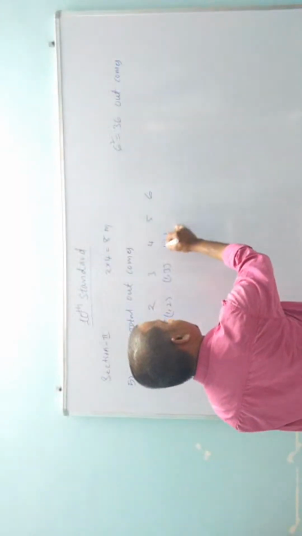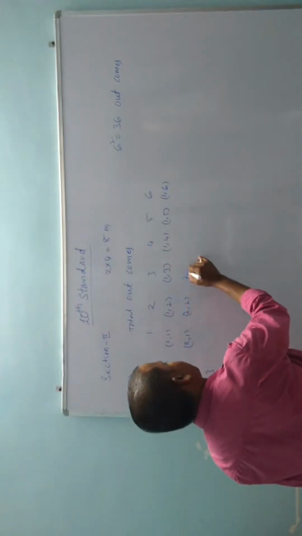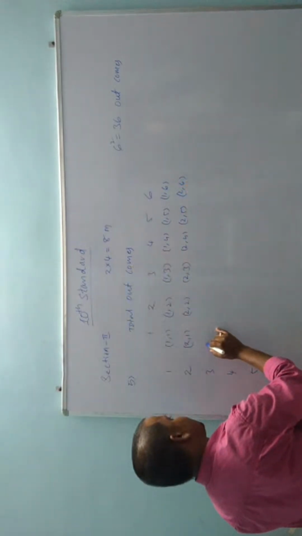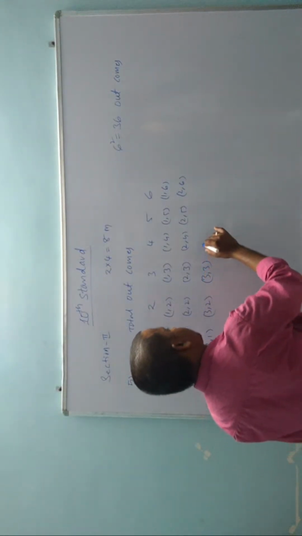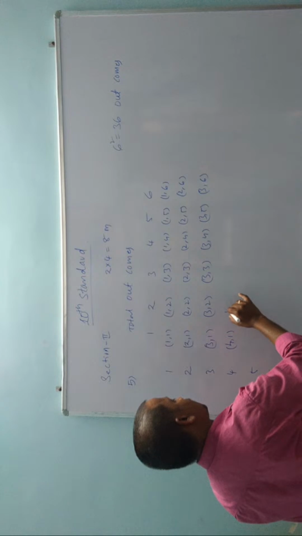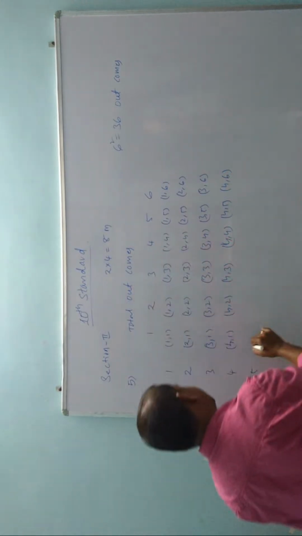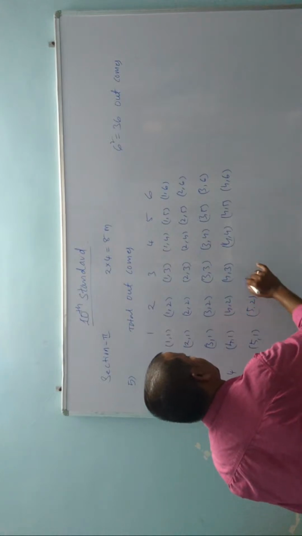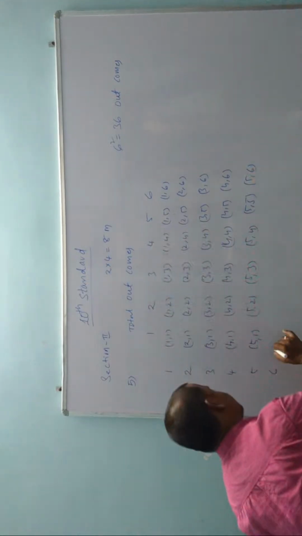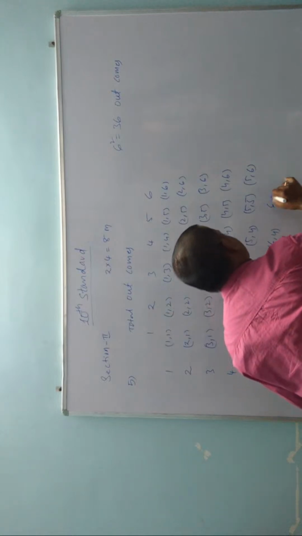Similarly 1,3, 1,4, 1,5, 1,6, 2,1, 2,2, 2,3, 2,4, 2,5, 2,6, 3,1, 3,2, 3,3, 3,4, 3,5, 3,6, 4,1, 4,2, 4,3, 4,4, 4,5, 4,6, 5,1, 5,2, 5,3, 5,4, 5,5, 5,6, 6,1, 6,2, 6,3, 6,4, 6,5, 6,6.